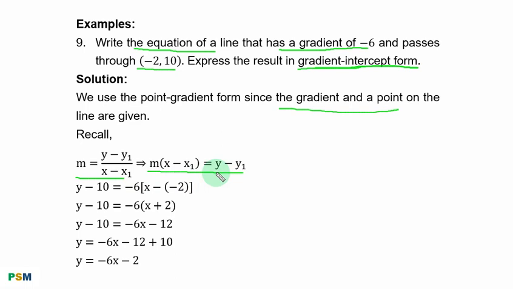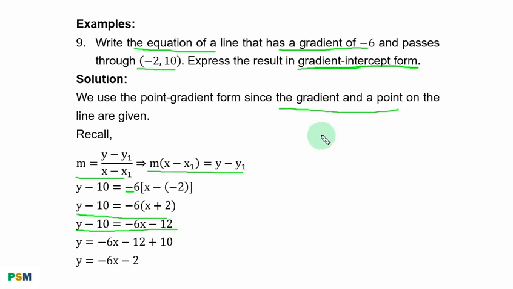So from here, y minus y1, that is 10, is equal to the gradient, minus 6, bracket open, x minus x1, which is minus 2, in bracket, you close the outer bracket. When you simplify, you have it in this form and this result.